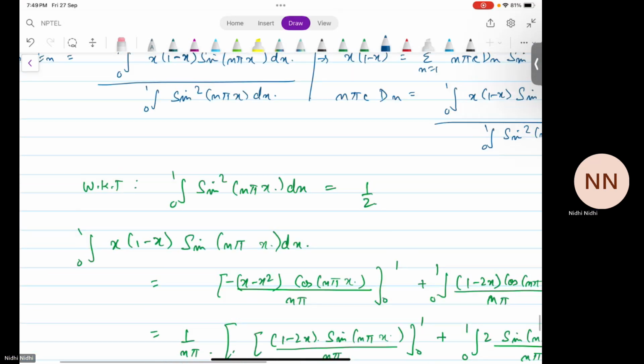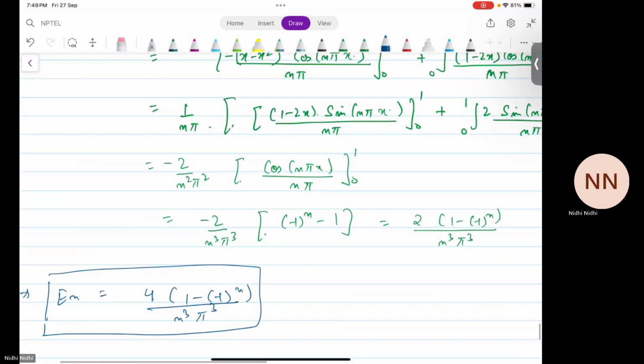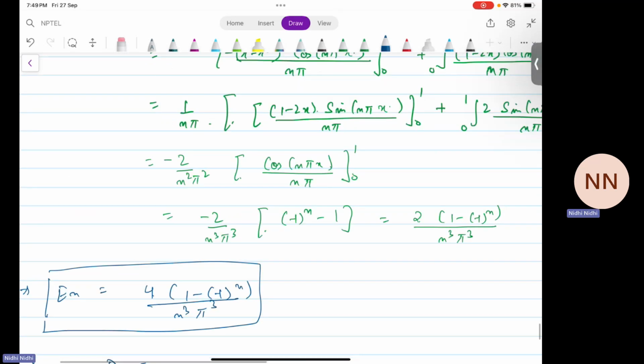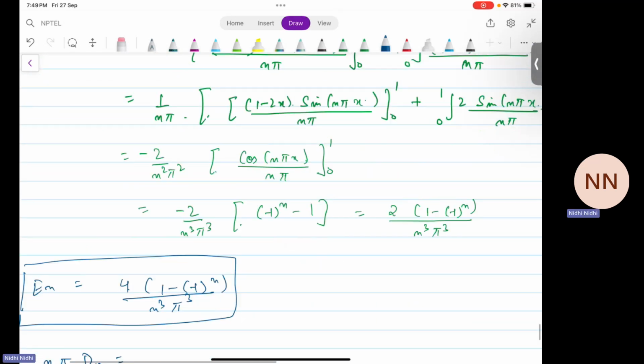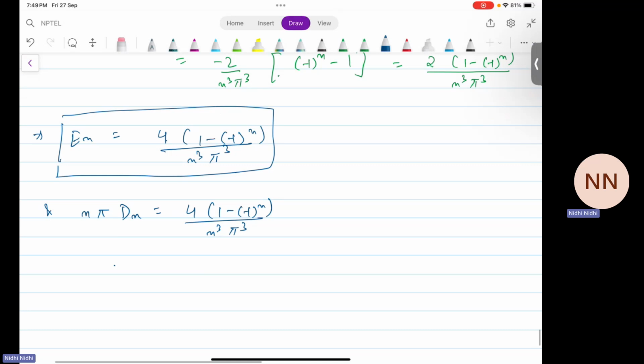Also we have n pi dn, same as en, is equal to 4 times 1 minus minus 1 to the power n by n cube pi cube. So therefore dn is 4 times 1 minus minus 1 to the power n by n power 4 pi power 4.